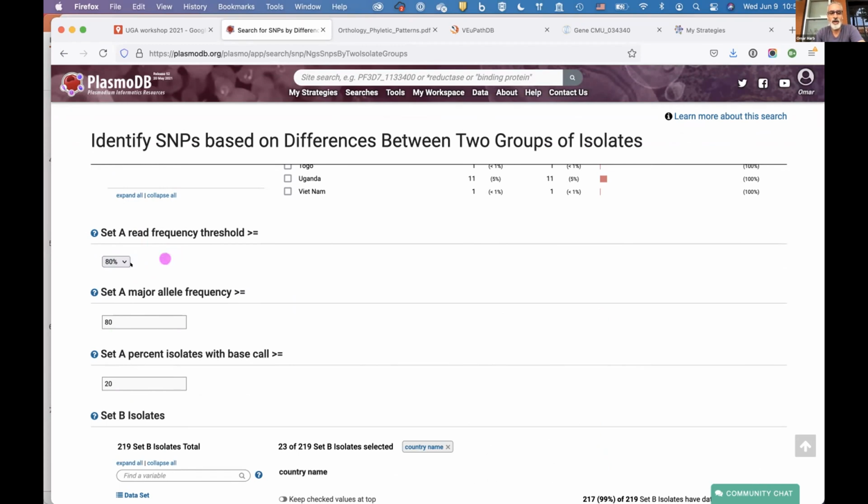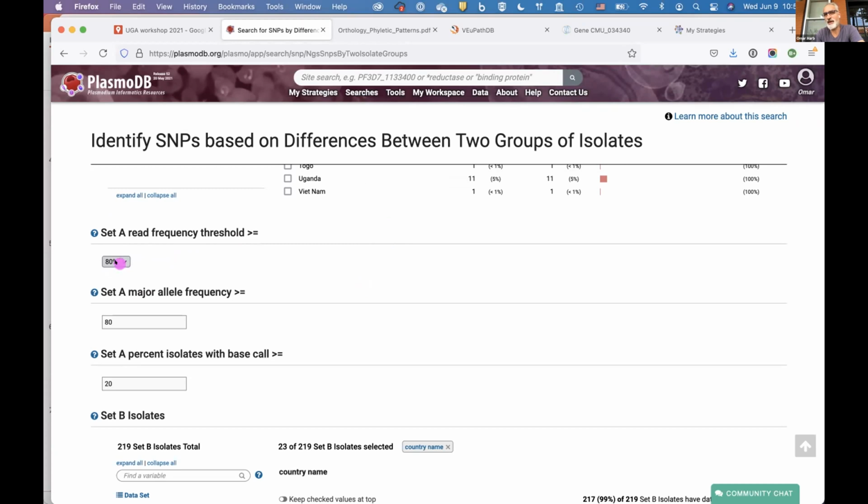And so in this case, when it's set to 80%, you're saying, well, for each organism I've selected, I want to return any SNP that has a read frequency of greater than 80%.